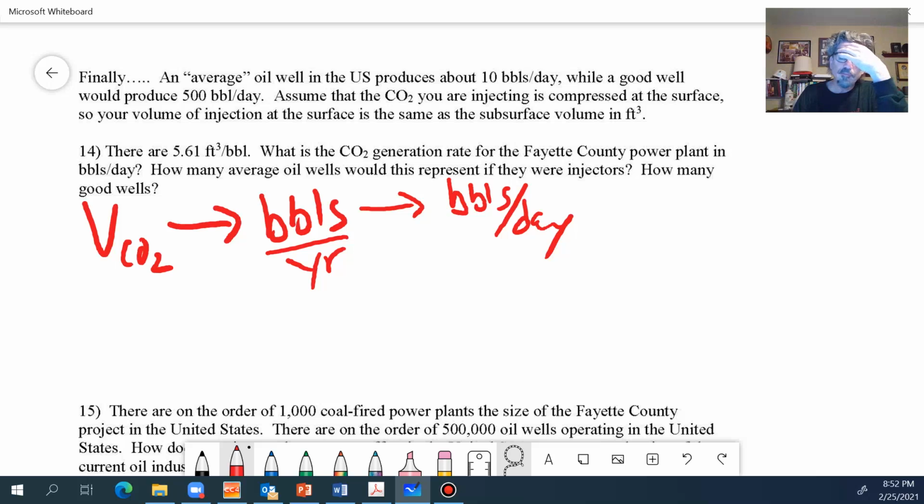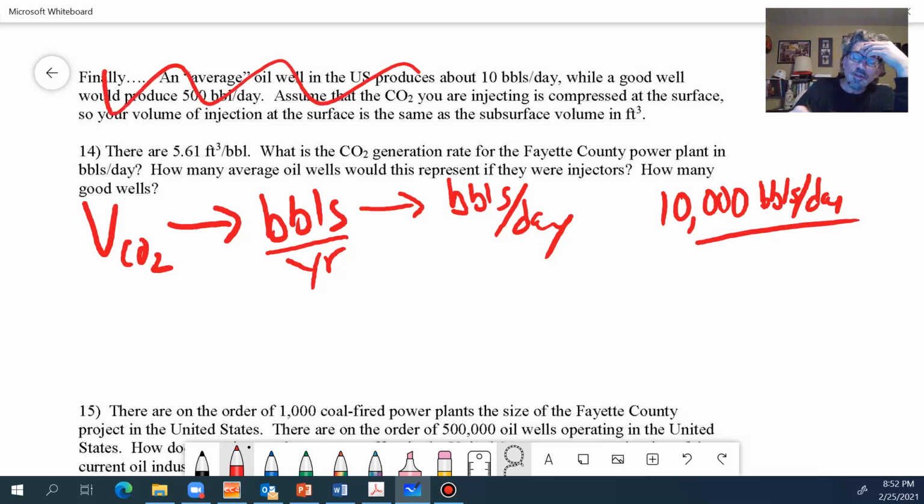And a typical injection well, or I guess a high rate injection well for water disposal, might be something on the order of 10,000 barrels per day. And we're going to ignore this stuff. I'll write something different in the homework, but 10,000 barrels a day.